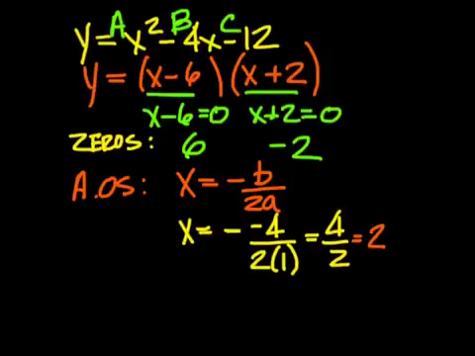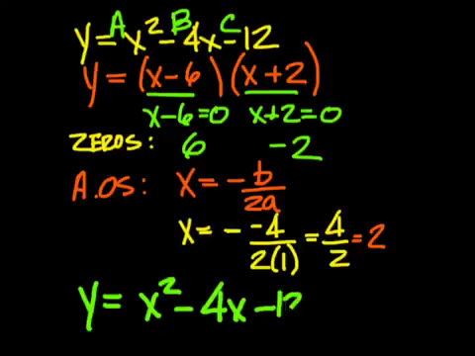Yes, you have to do something with that 2. You have to put it somewhere. Yes, you plug it into the x's for your equation. So y equals x squared minus 4x minus 12, and you're going to plug in this in for x and evaluate.